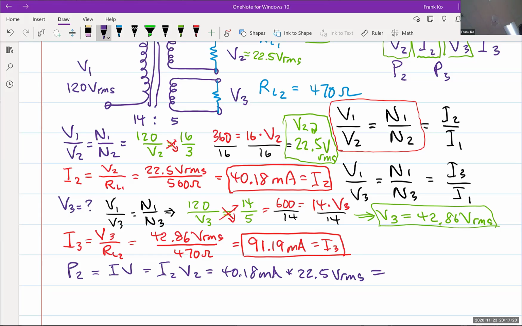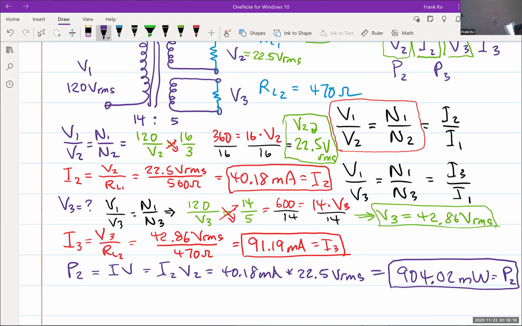And when we go to do this, enter times 22.5. What do you calculate for the power there? 904.05. I'm going to put down 0.02 milliwatts because I'm using all memories. So that's my P2. If you're within a hundredth of a decimal place of this, that's fine. 0.05 milliwatts works out great.